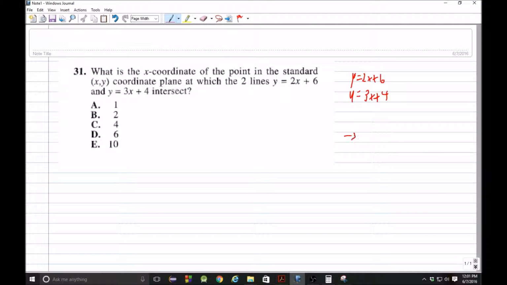So negative 2x plus y equals 6. Negative 3x plus y equals 4.